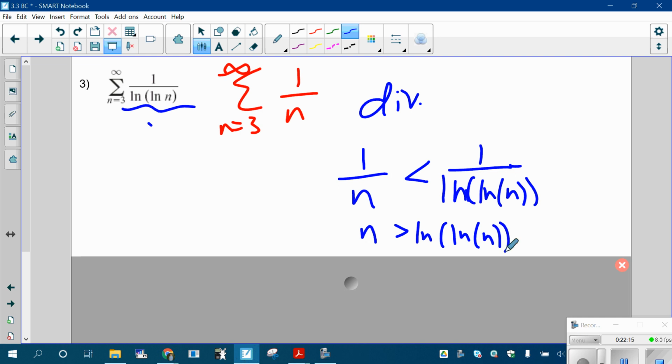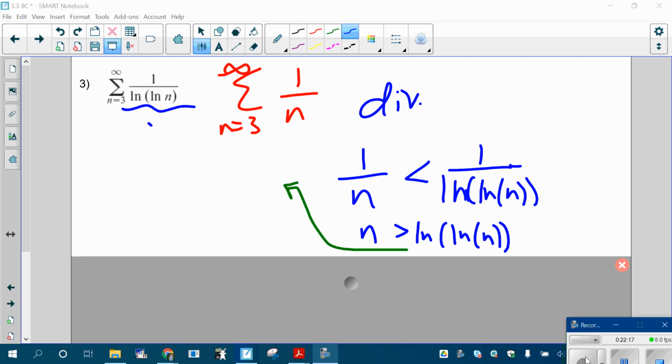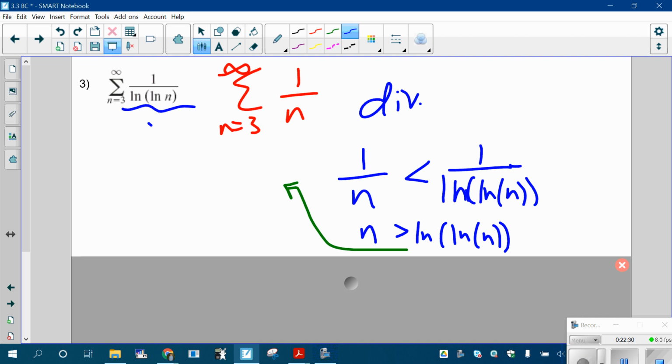So I want to see if this is true. How am I going to tell if that's true? Well, I can rewrite it. The ln of the ln of n, is that smaller than n? Well, that would be equivalent to deciding whether e to the n was greater than the ln of n.